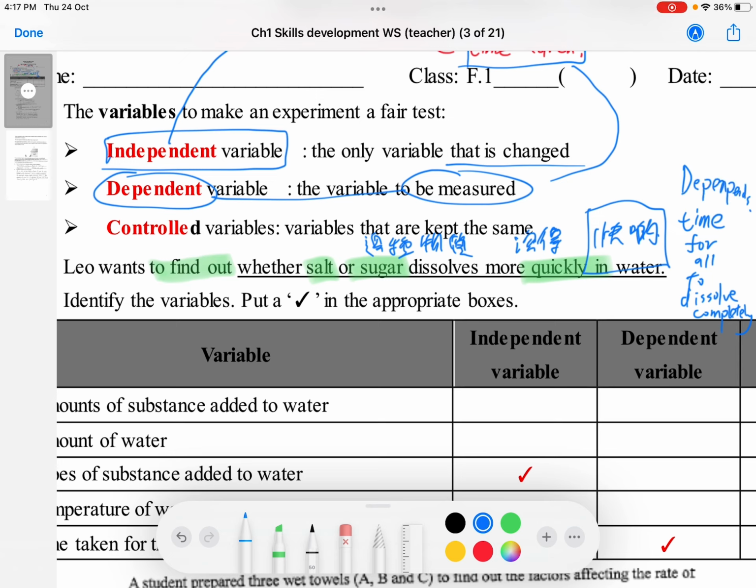And then the who or the which substance part is your independent variable. 即係邊個跑得快啲係嘛？邊種物質用得快啲係嘛？邊種物質 is your target of study, 你想研究嘅嘢嚟嘅。So in this case, the type of substance should be the independent variable, your target to study.